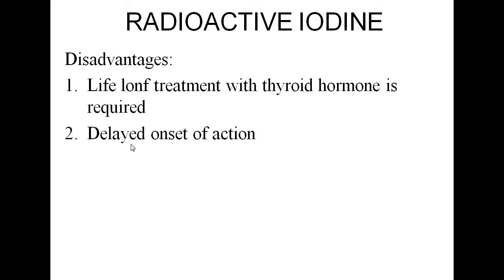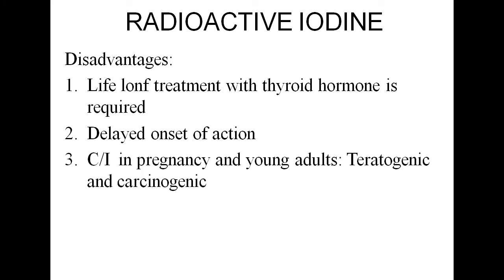Because whatever hormone has been synthesized and stored has to get exhausted, the onset of action with radioiodine is delayed. It may take 1 to 2 weeks. Because it is a radioactive substance, it is contraindicated in pregnancy because it is teratogenic, and in young adults because it is carcinogenic.